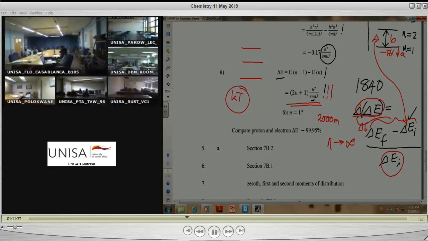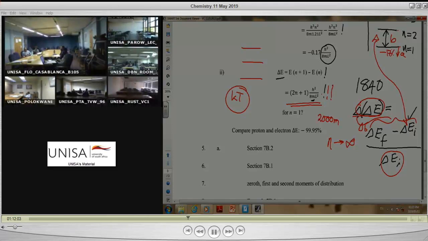That's the question. If you take this equation here and you increase the mass by 2000, yes, it must decrease. So the decrease is reasonable, isn't it?